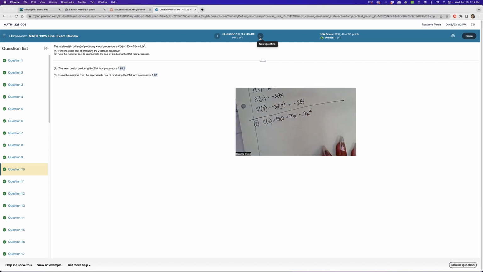Find the exact cost of producing the 21st processor. So what we're going to be looking for is C of 21 minus the cost of the 20th. So that gives you the cost of just producing the 21st unit.